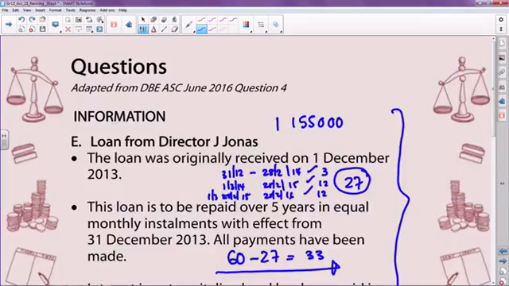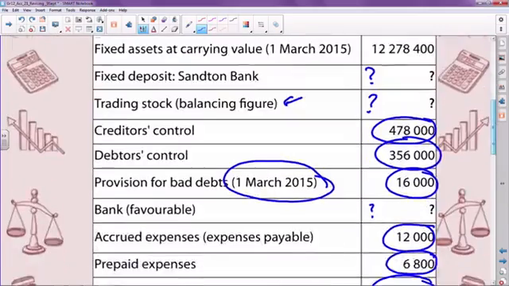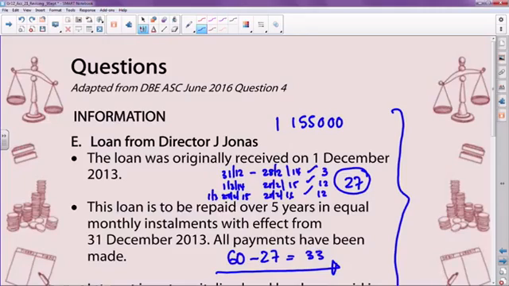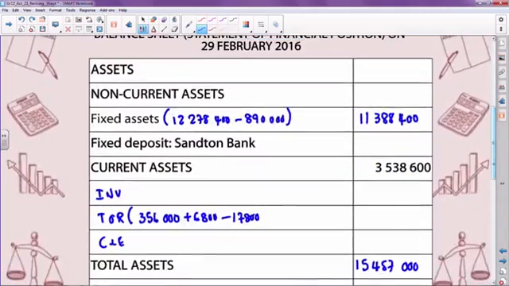Remember, I'm doing the balance sheet. However, if my question was on the income statement, then grade 12s, watch. My existing provision is 16,000. I need a new provision, and the new provision needs to be, in terms of my calculation, 17,800. So now I'm just diverting for a while, going to the income statement. In the income statement, it's my provision for bad debts adjustment figure. And what is that figure? The amount by which you are either increasing or decreasing your provision.